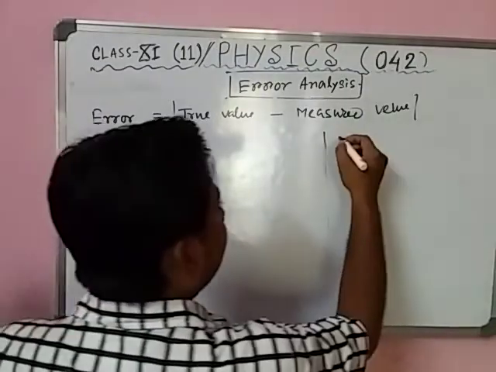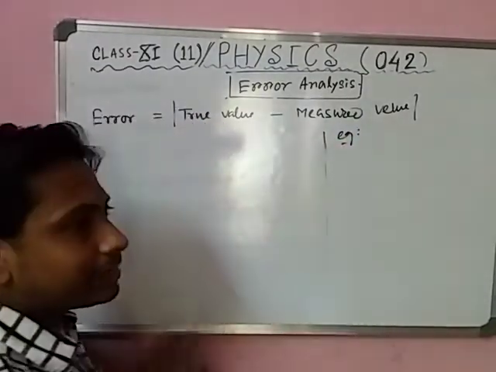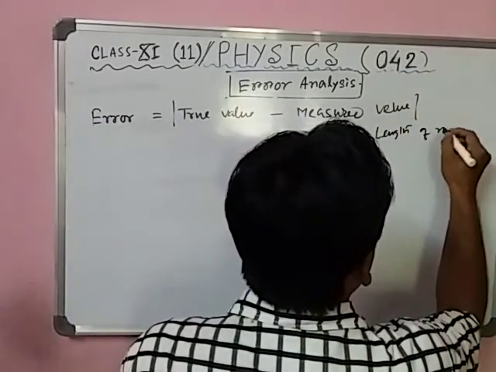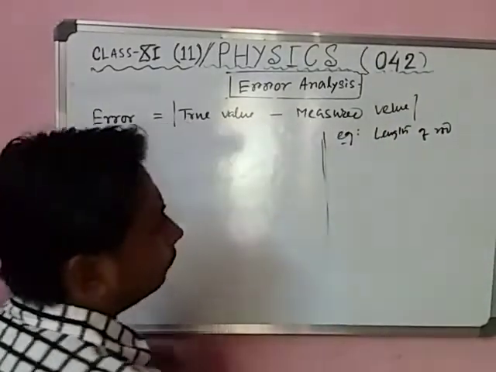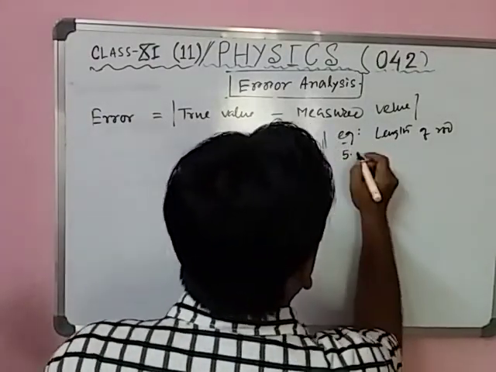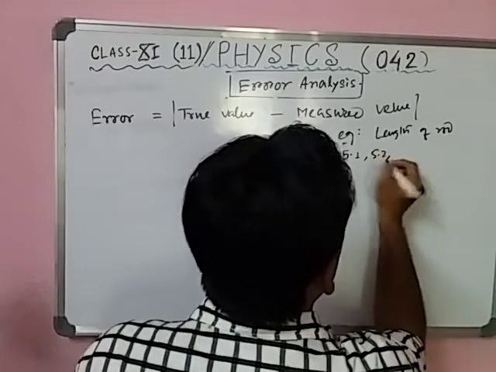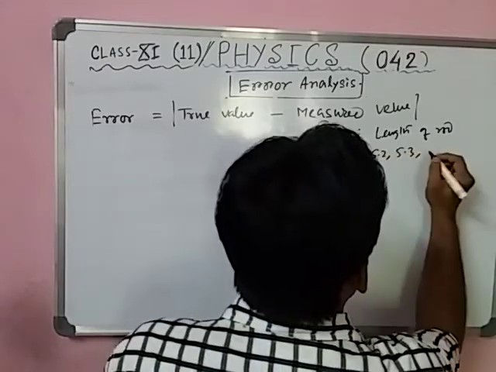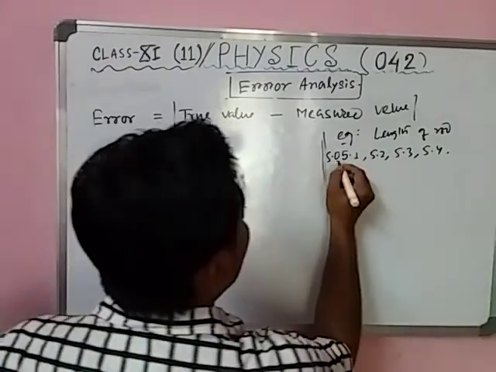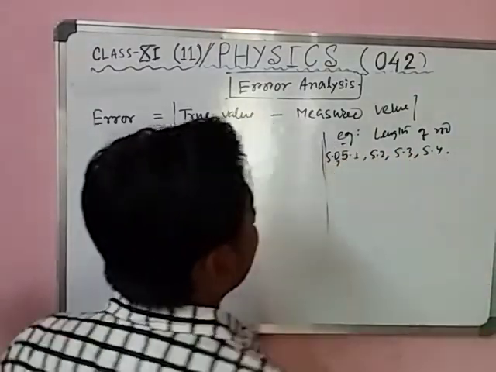Suppose we are measuring the length of a rod. Suppose we have taken 5 observations: 5.0, 5.1, 5.2, 5.3, and 5.4. So 1, 2, 3, 4, 5 observations.